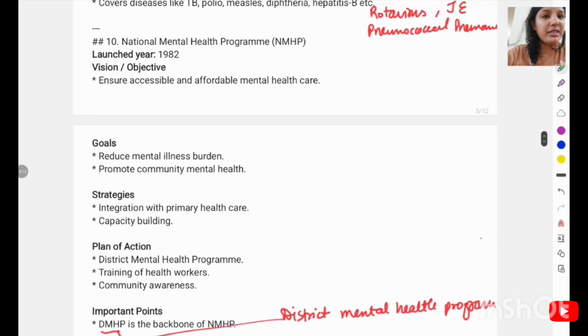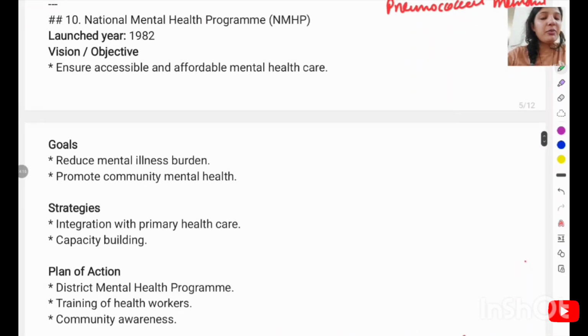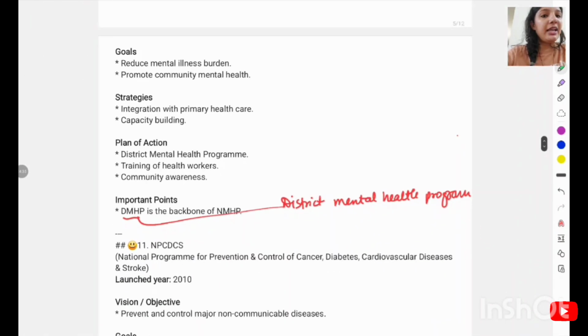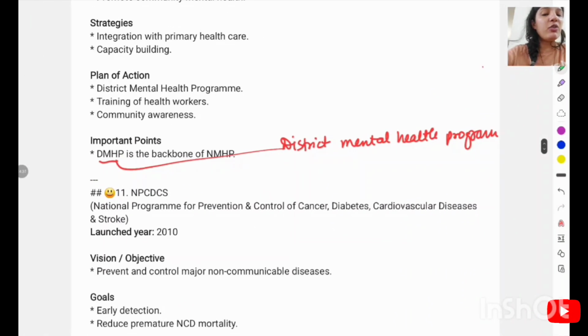Next program is the National Mental Health Program. It was launched in 1982. Its vision is to ensure accessible and affordable mental health care, because mental health is also important along with physical health, and our goal is to reduce the mental illness burden and promote community mental health. Then what is the strategy we are going to use?